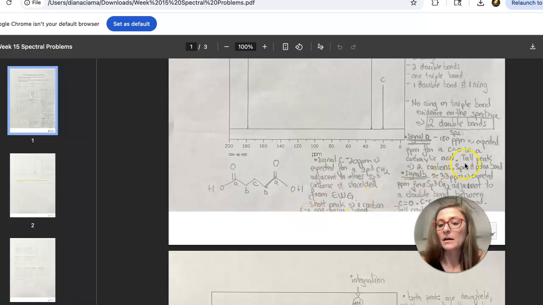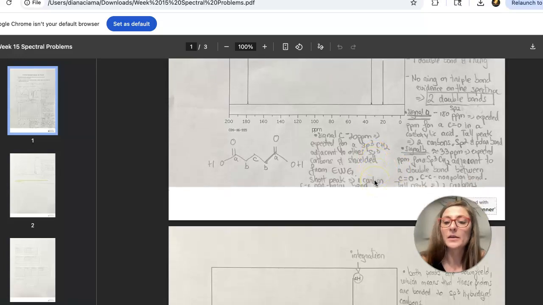This is a tall peak, which is making me think that it's accounting for 2 carbons, which is supporting my suspicion of having 2 carboxylic acids present in this molecule. The sp2 hybridized bond over here is polar, therefore generating that peak at 180.